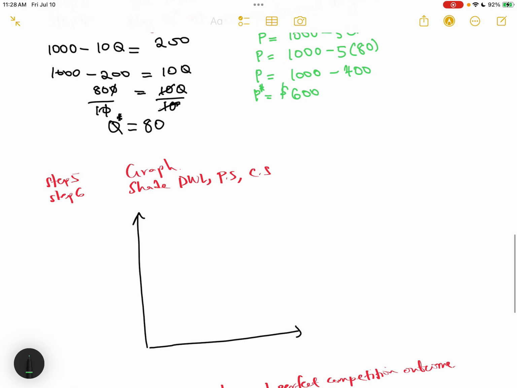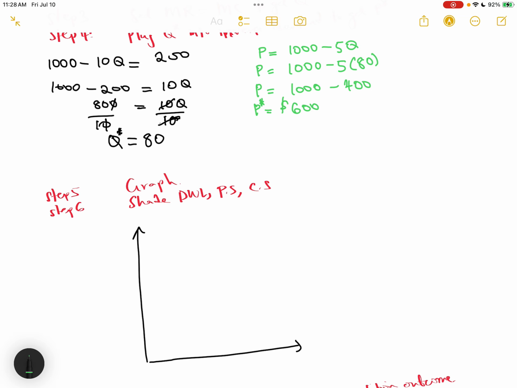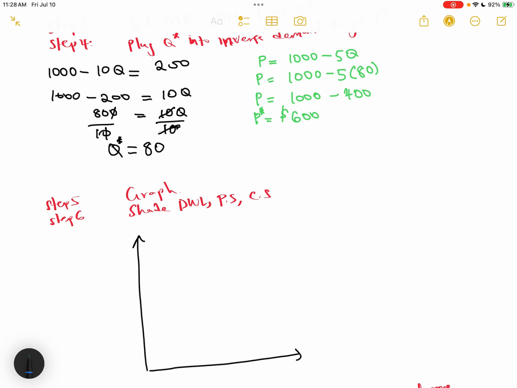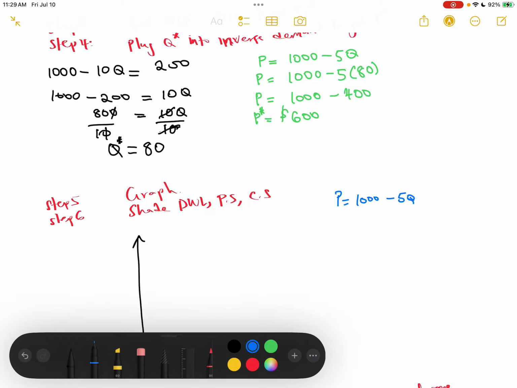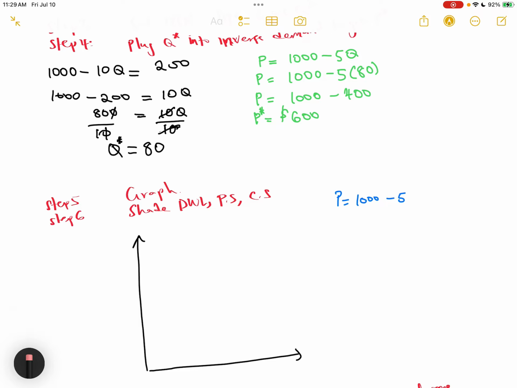Can we draw this? Yes, we can. How about we use blue for the inverse demand curve? And the inverse demand curve is P equals 1000 minus 5Q. And so, when Q is 0, our P is 1000, right?